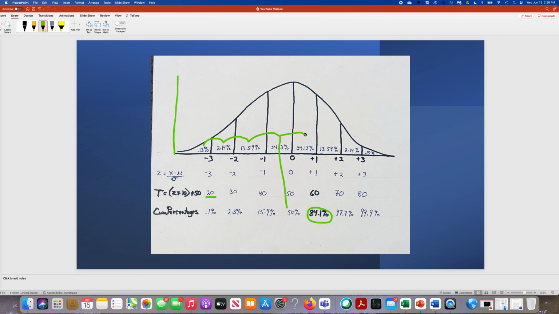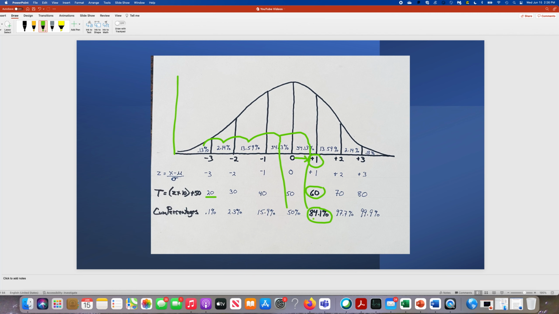We add another 34.13, and that's where we get the 84.1. So a t-score of 60, which is 1 standard deviation above the mean, is in the 84.1 percentile.